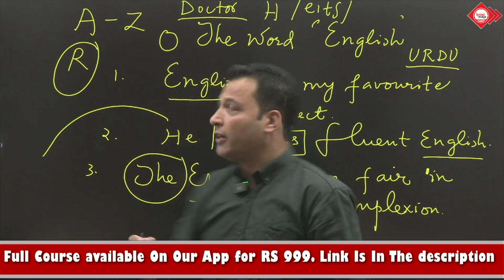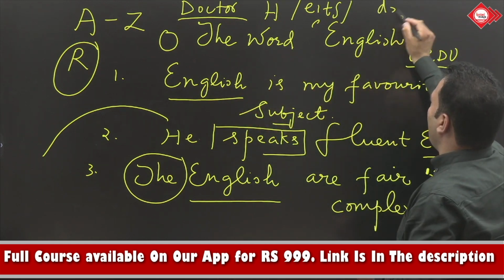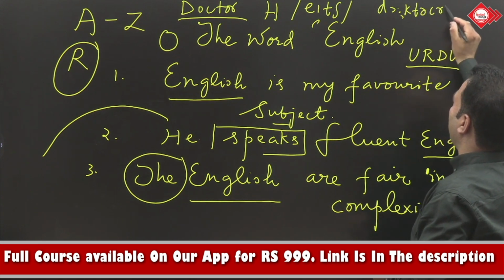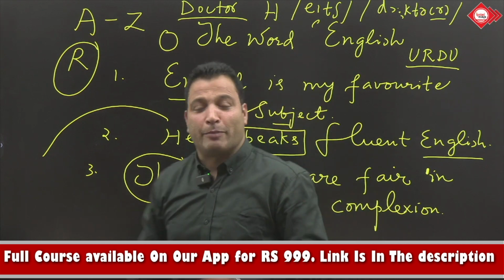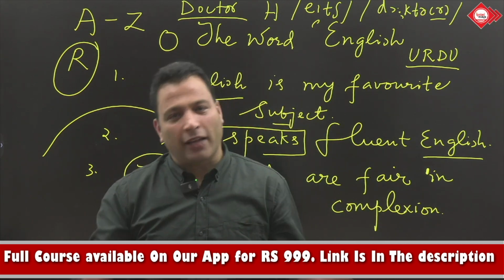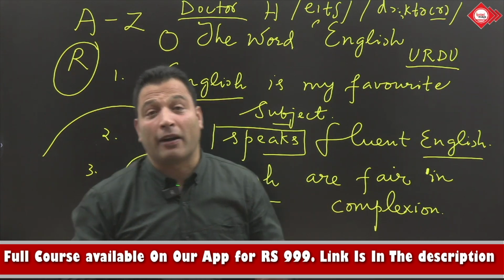Suppose if I say doctor, it will be like this: D O K T and then R. This R will be in brackets because it is optional. ये ऑप्शनल साउंड है. आप चाहते हैं पढ़ना तो पढ़ लीजिए, आप नहीं चाहते हैं तो नहीं पढ़िए.